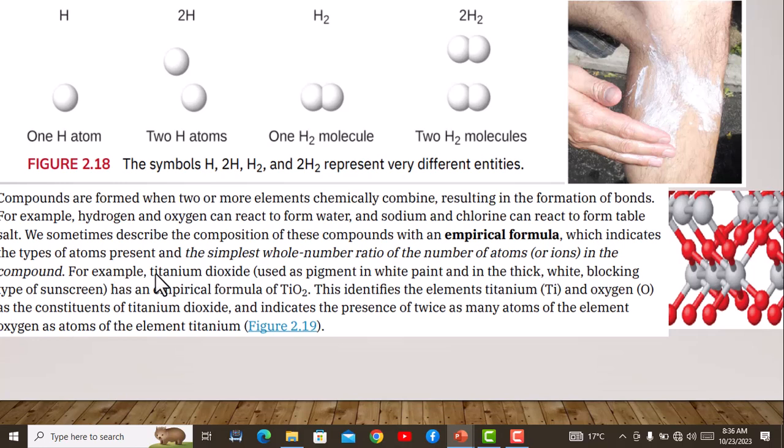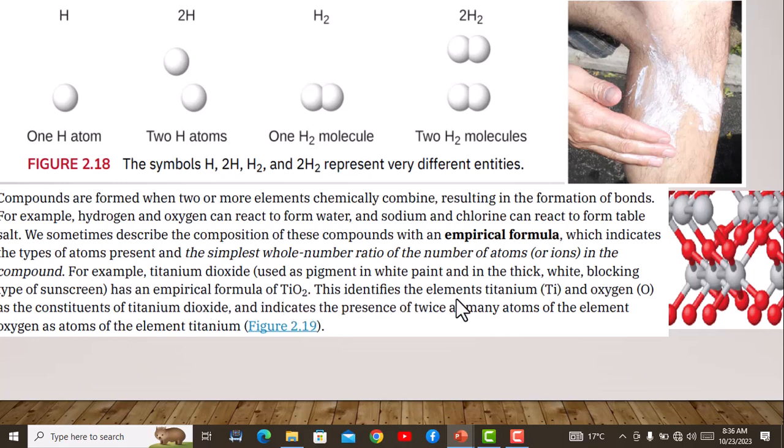For example, titanium dioxide, used as a pigment in white paint and in the thick white blocking type of sunscreen, has an empirical formula of TiO2.